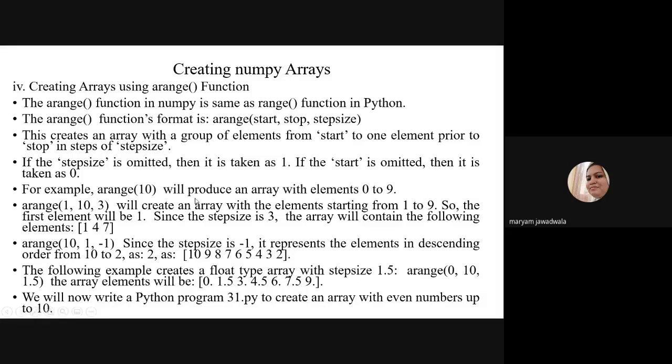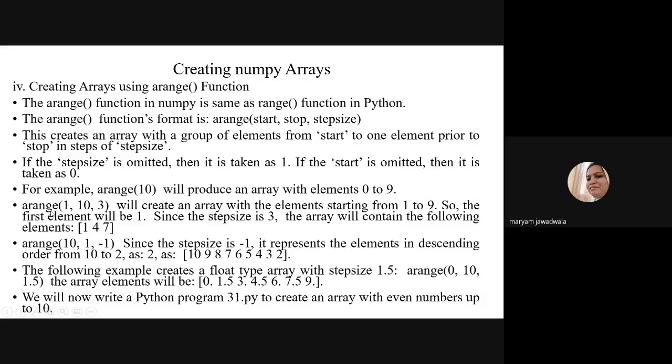For example, I write arange(10). Here 10 is the compulsory field, the stop. The system will create an array starting from 0 to 10 minus 1, that is 9, and obviously the step size is by default 1. So the output is an array with 0, 1, 2, 3, 4, 5, 6, 7, 8, and 9. 10 elements are present in the array.